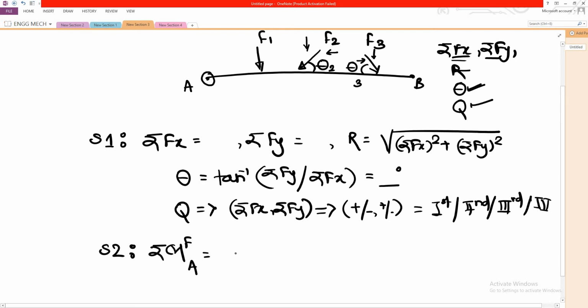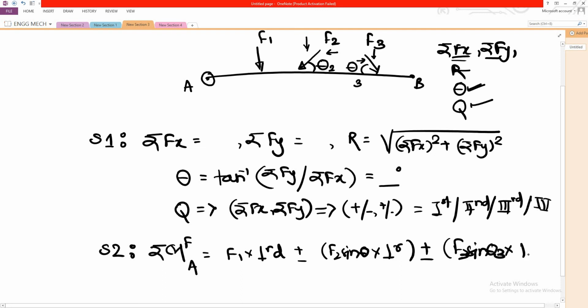Here the reference point is A and the forces contributing to generation of moment are: F1 into its perpendicular distance, then plus minus F2 sine theta 2 into the perpendicular distance, then plus, obviously it is going to be the plus sign because F3's vertical component will be generating a clockwise, that is positive moment here. Plus F3 sine theta 3 into the respective perpendicular distance.